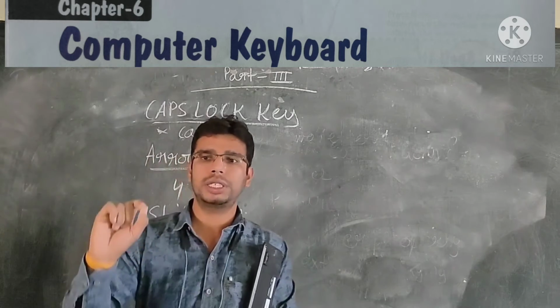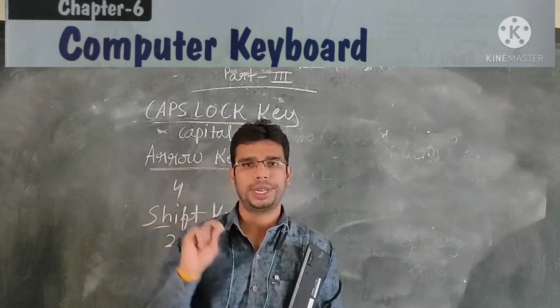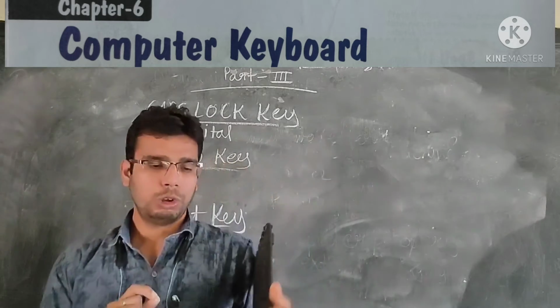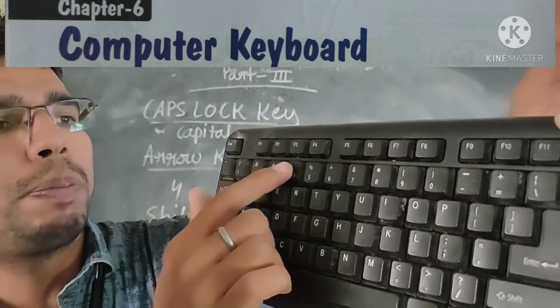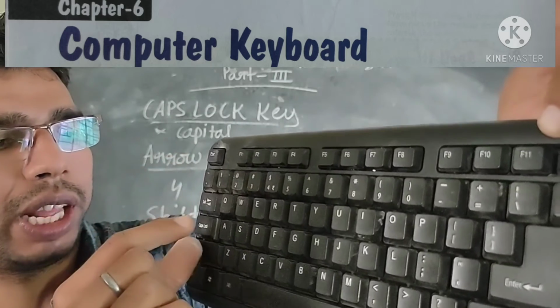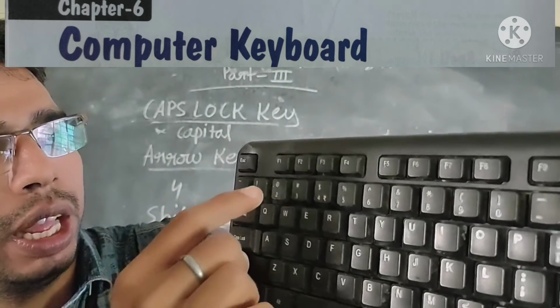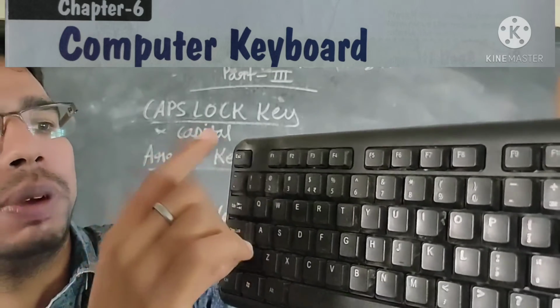When you press these keys along with shift key, the upper part of the keys will be typed. For example, if you press shift key along with 2, at the rate will be typed.